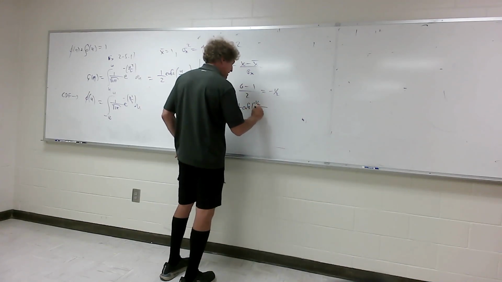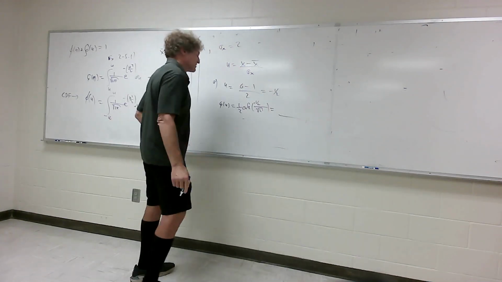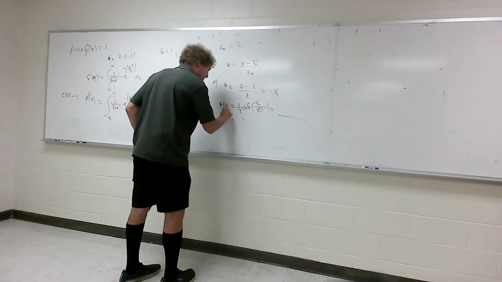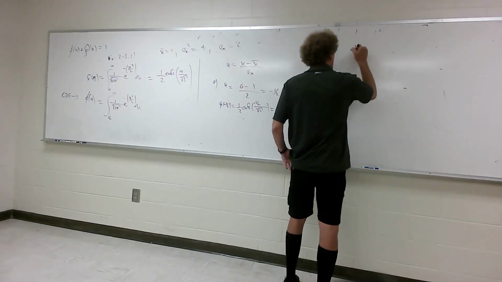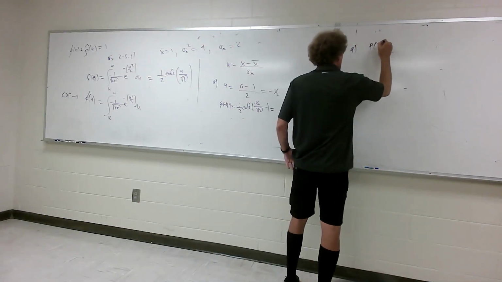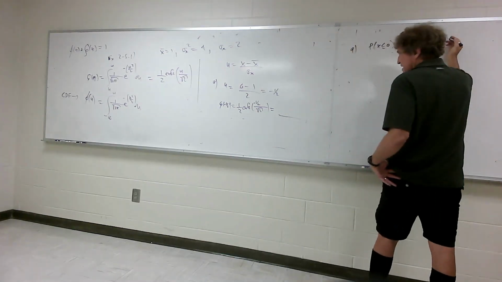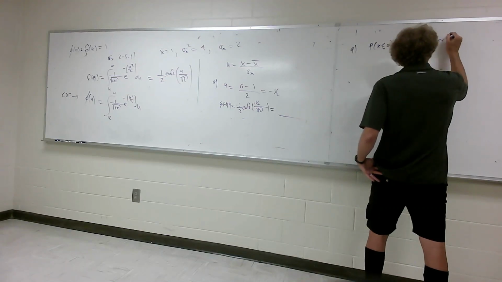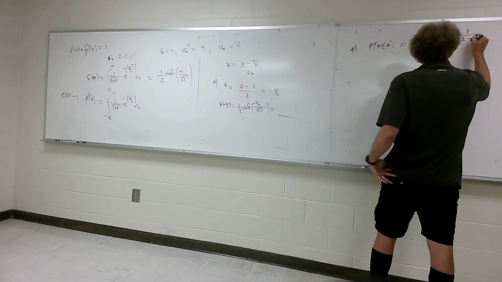Then I have to divide that by square root of 2. So I'm going to get a value. Once I get that value, the answer to part A, the probability of x less than or equal to 0, would be equal to 1 minus that probability, which is 1/2 ERFC of minus 1 over 2 square root of 2.